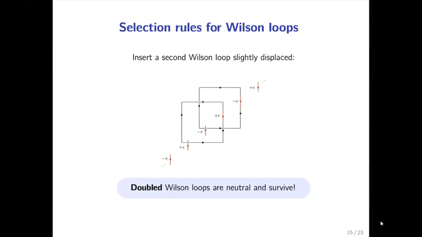So to get to your question, if you had a correlator where the second loop was somewhere far away, but it was precisely aligned so that it picked up a minus epsilon, then that would be an invariant correlation function. But it could be rephrased as some copies of this minimal doubled Wilson loop where you translate it by one unit. Okay, so these doubled Wilson loops are neutral and they survive this staggered symmetry.